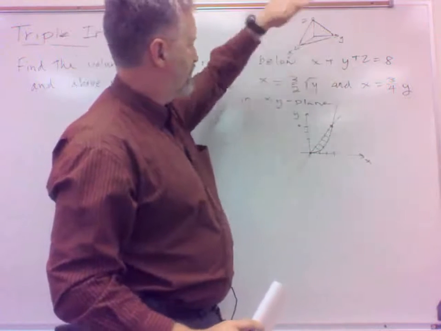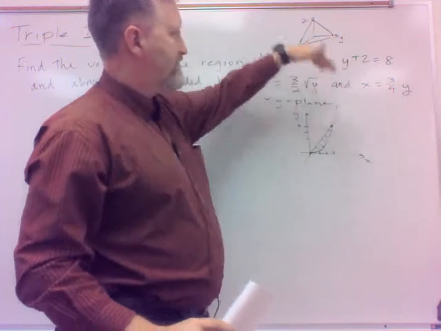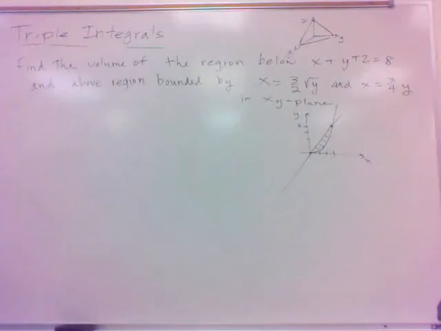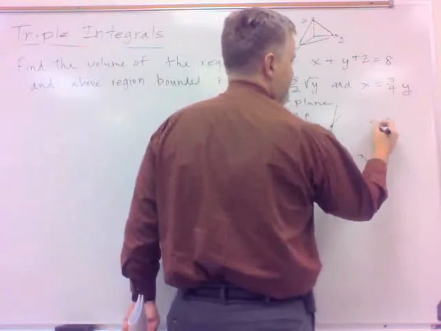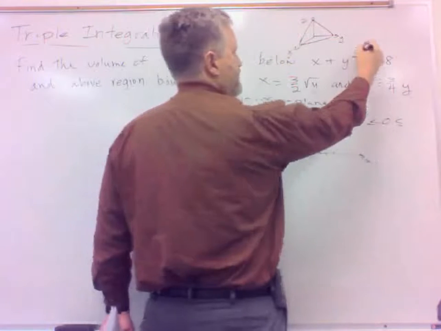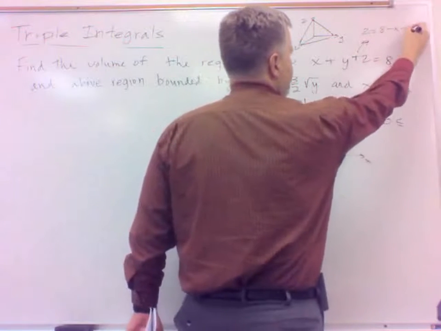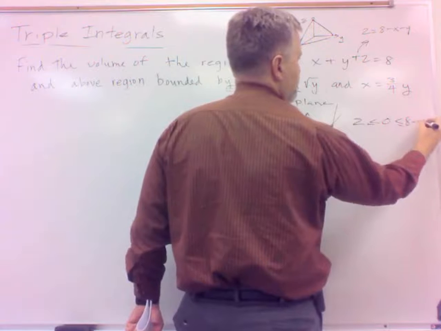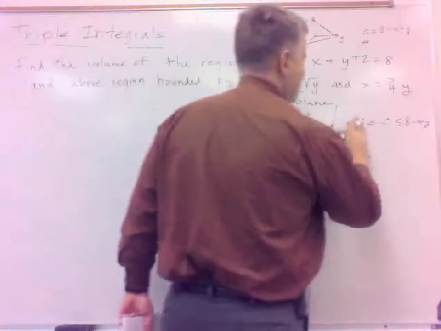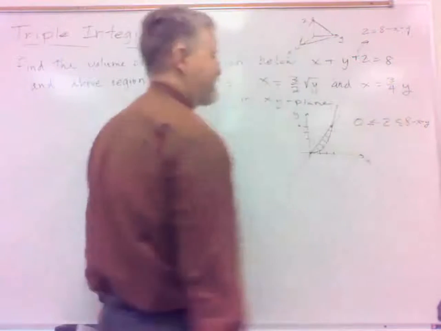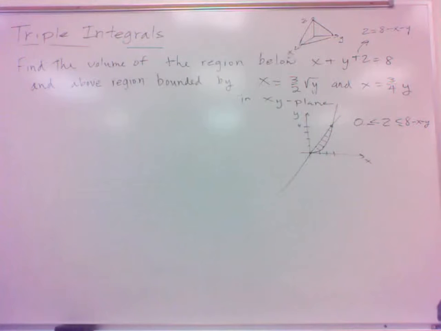So if we go Z's first, how do we want the Z's to run? Wouldn't they just go from the XY plane, which is Z equals 0, up to the plane, which is Z equals 8 minus X minus Y? Oh, yeah. All right. And then we just work with the XY plane.